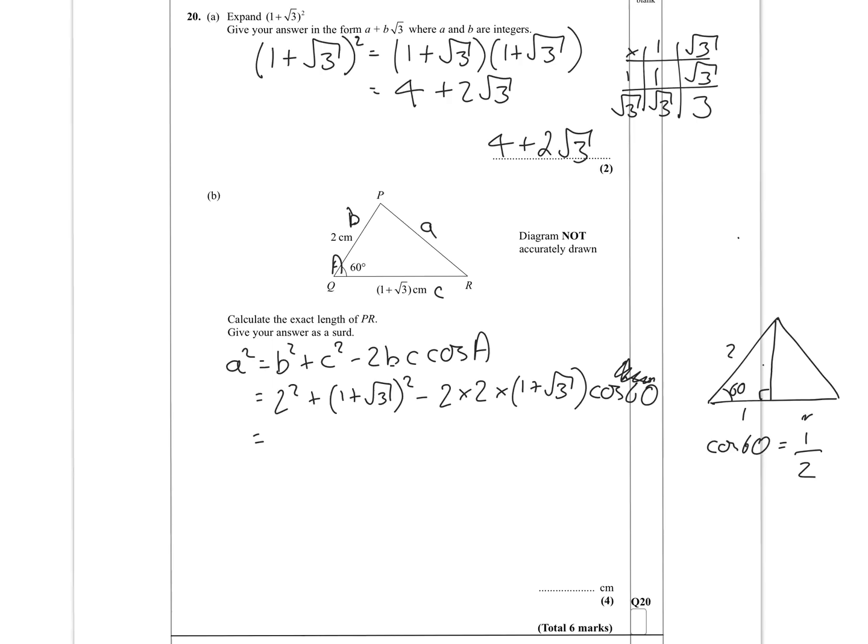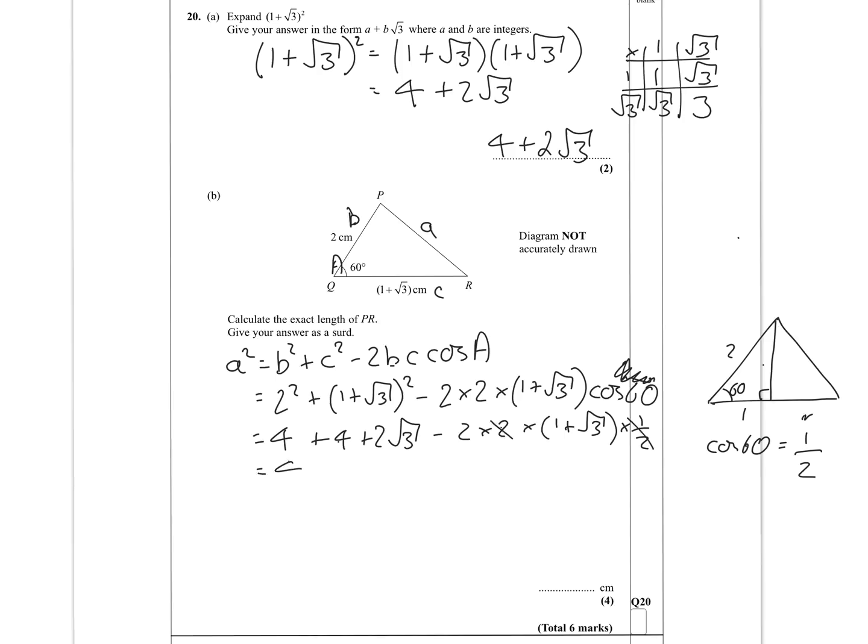Okay, so let's get back to simplifying this. We know that this is 4 plus 2 root 3 minus 2 times 2 times (1 plus root 3) times a half. So the times 2 and times a half are going to go.